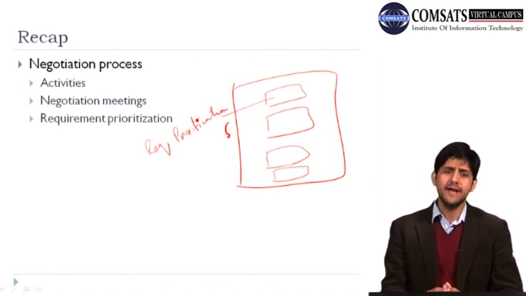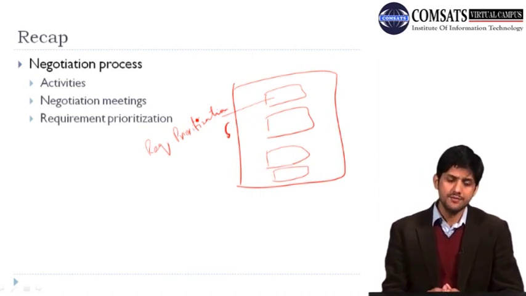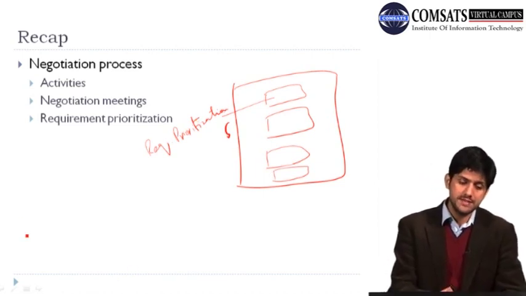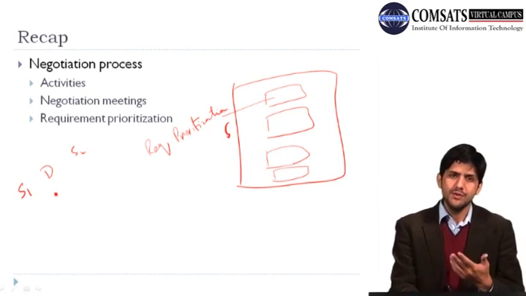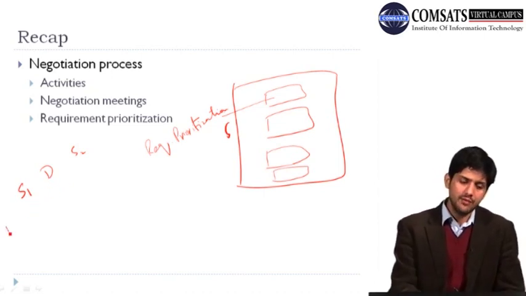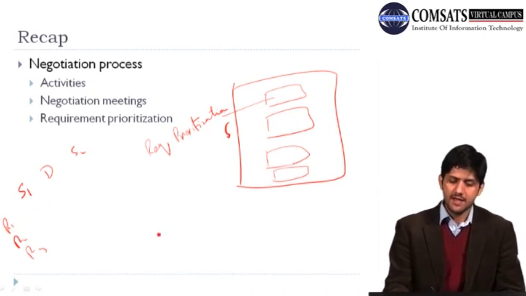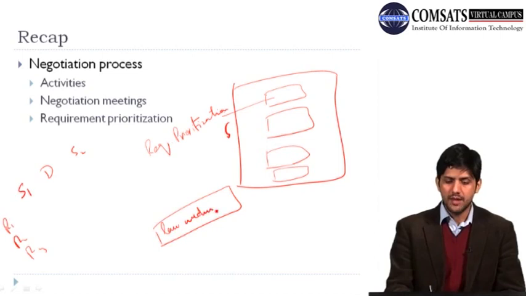We looked at different requirement prioritization techniques. A very simple criterion is this: you have multiple stakeholders and domain experts, and we have three requirements, R1, R2, R3, and a scale of low, medium, and high.